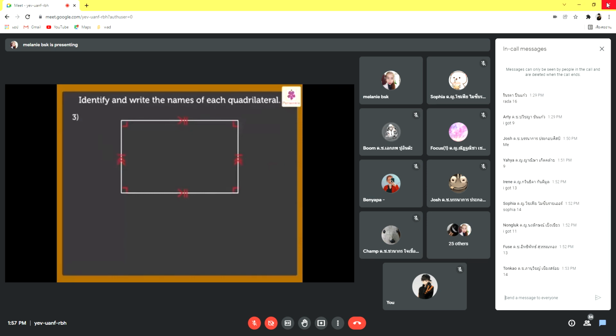What about this one? Yes, it is a rectangle. Figure 4. This is the simplest of all. It is a square. Figure 5. This is a trapezium. Lastly, figure 6. Yes, you got it right. It is a parallelogram.